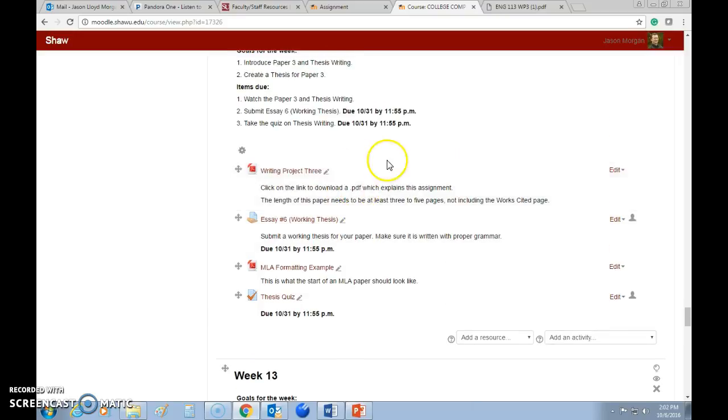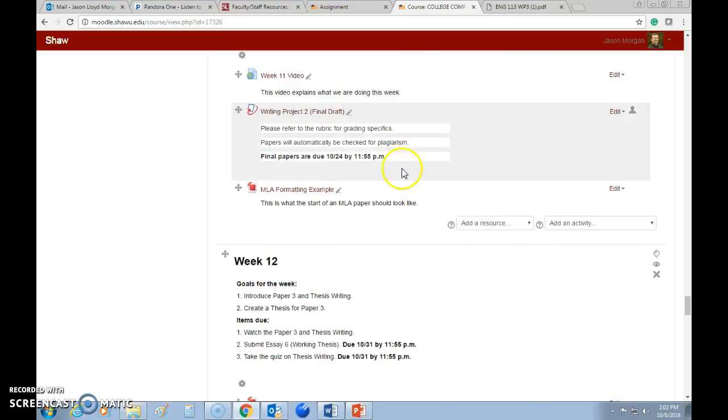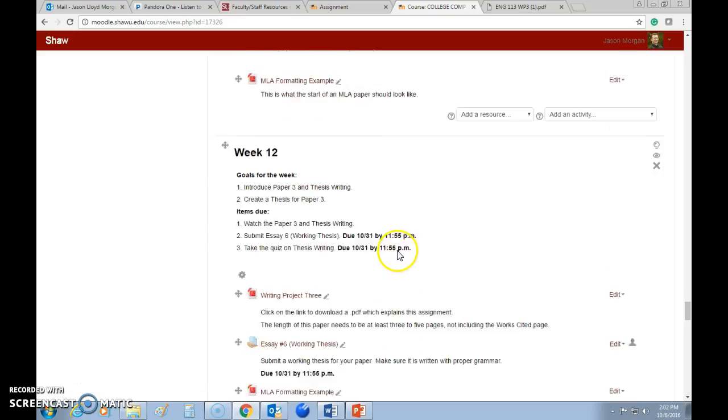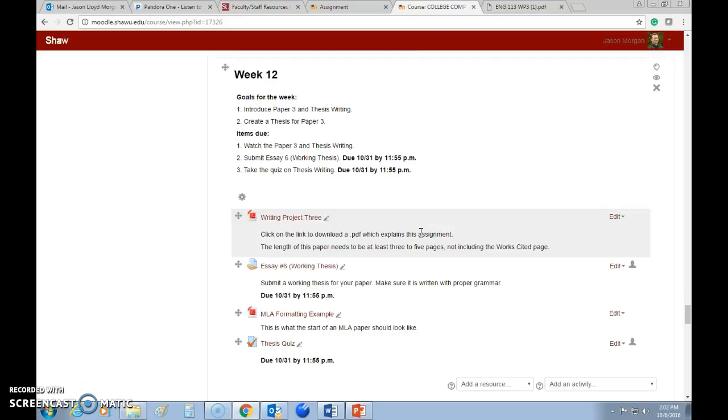So take it through in bite-sized chunks. Start with a thesis. After you've got your thesis, start looking back through Writing Project 2 at what you researched and figure out how you're going to back up your points, and then we'll take it from there. All right, so you can do this, guys. I know you can. Sometimes it can seem a little intimidating if you haven't done this in a while. Just start putting stuff down on paper, and it'll start going. All right, go do it.